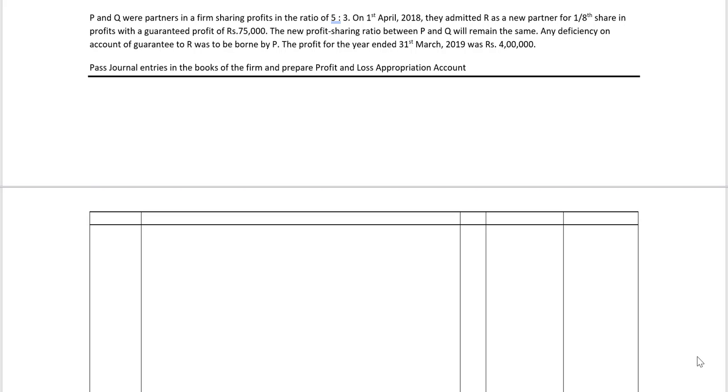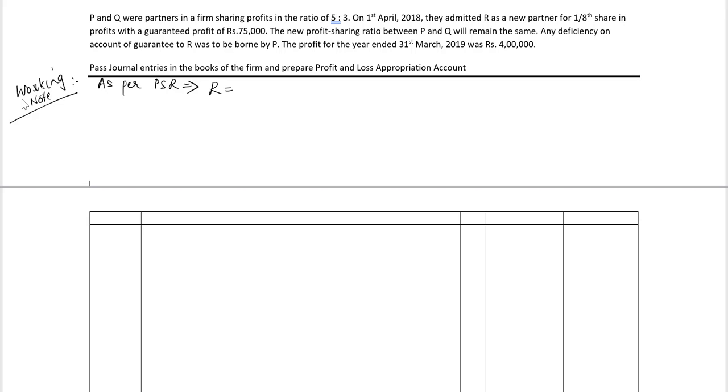So we'll begin with the working note. As per the profit sharing ratio, we will give R his share of profits and distribute the balance profits between P and Q in their profit sharing ratio, which is 5:3.